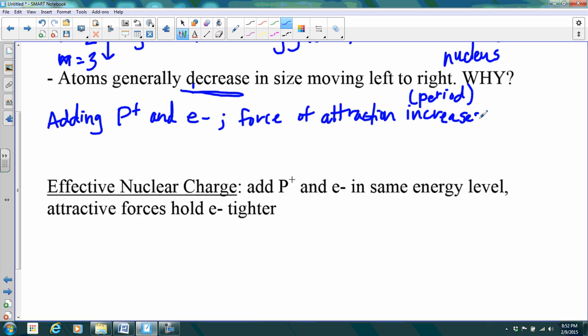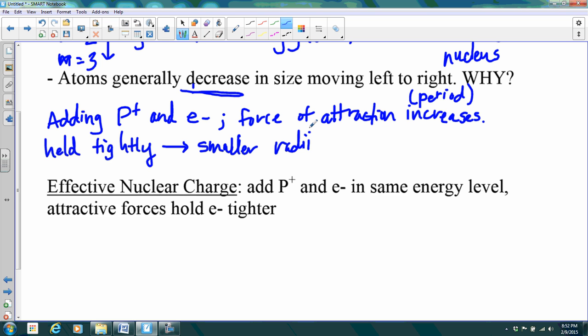This force of attraction increases, and that means the protons and electrons are held together very tightly. It's just like giving yourself a little squeeze, and that results in smaller radii.